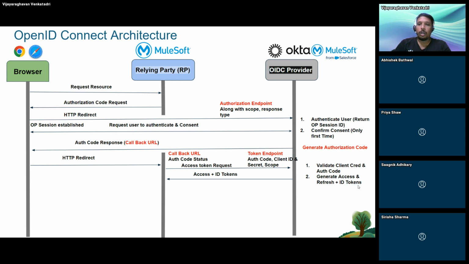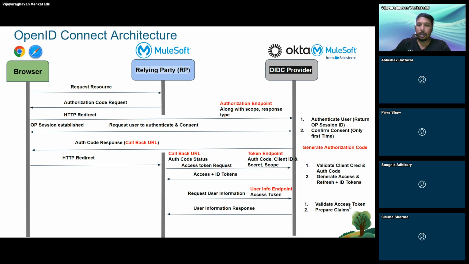The ID token will contain the authenticated and encrypted information of the end user. As I mentioned, the profile information of the user, be it my first name, last name, everything, will be part of the ID token. After that, the relying party will use a user info endpoint to check the validity of the same end user. It will pass in the access token and get the user information. It validates the access token and prepares a claim.